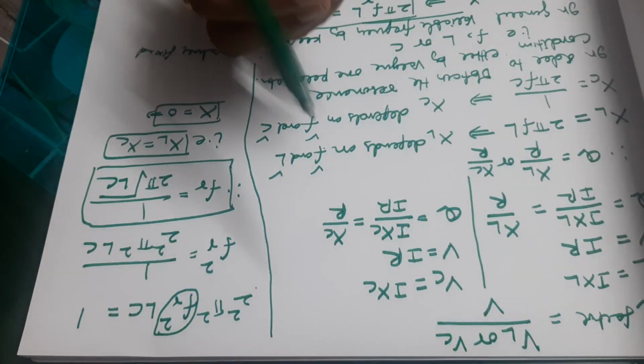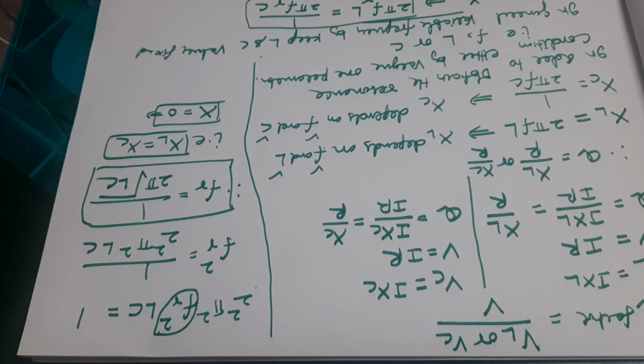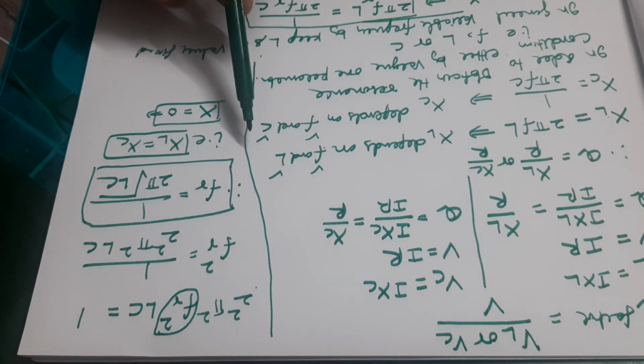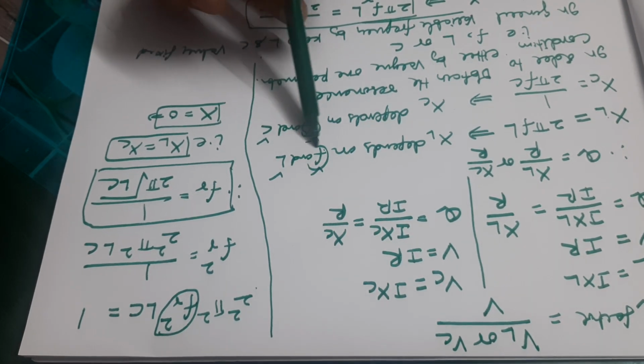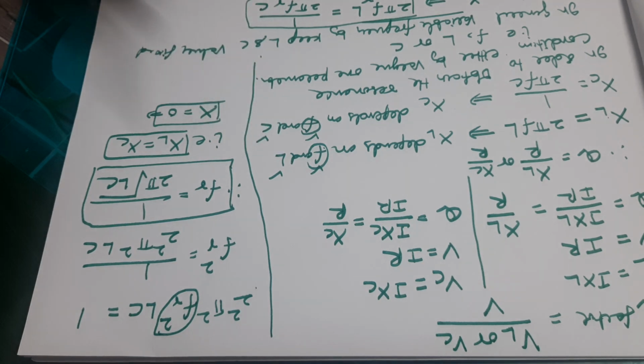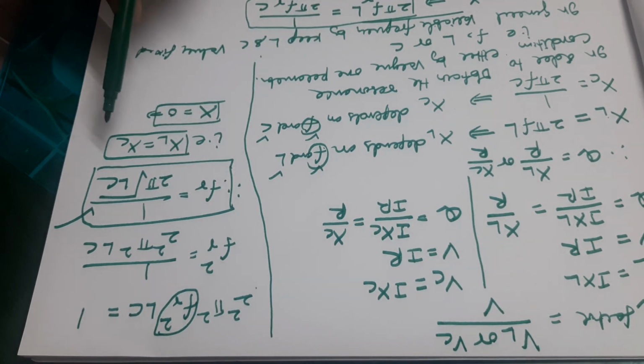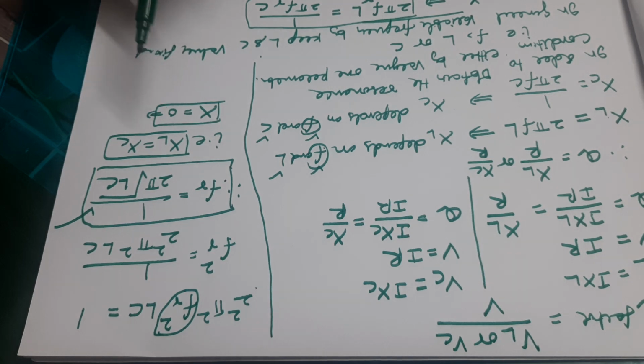In order to match the value of XL with XC, there are 3 parameters mainly: frequency, which is common for both, and L and C. By keeping L and C values fixed and varying the frequency, we can obtain this condition, the frequency at which XL and XC are equal, or net reactance is 0.